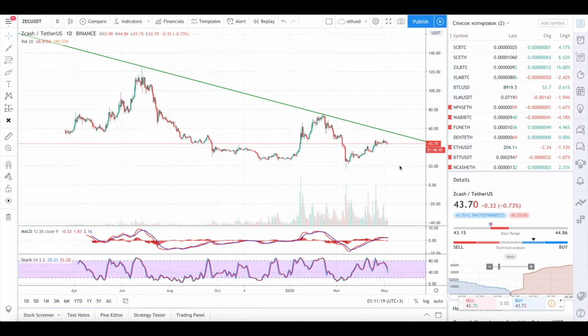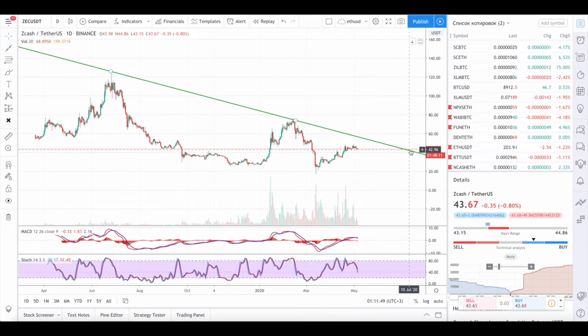Zcash also wants to change its downtrend, which has been going for quite some time. If we talk about the global trends, at the moment Zcash is in a downtrend, but since March of this year it has been in a local uptrend, and if it breaks this trend line, then it will have quite good potential.